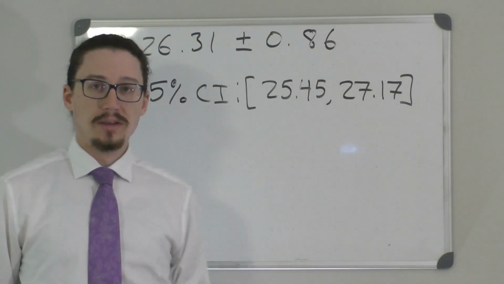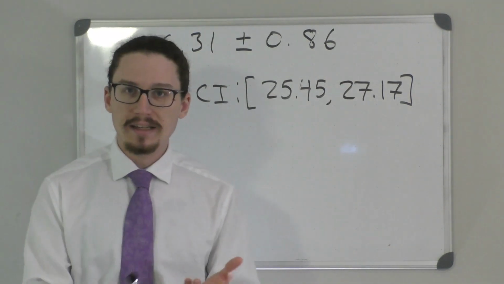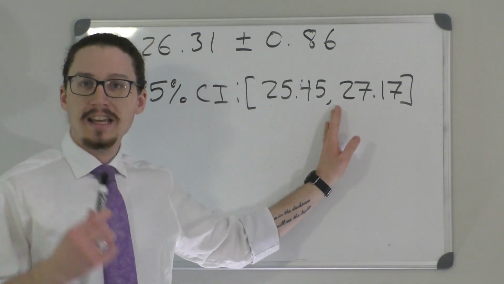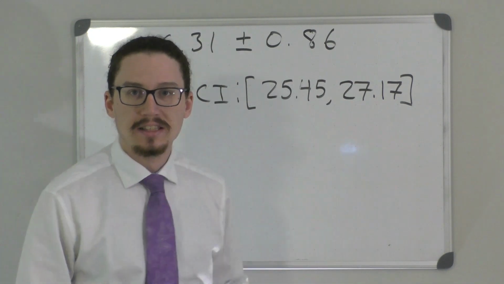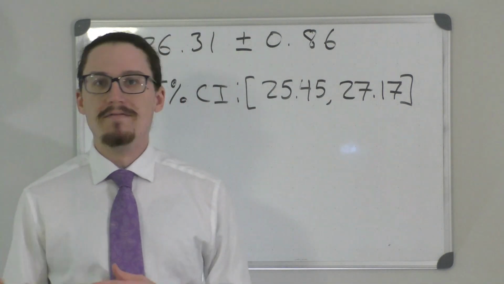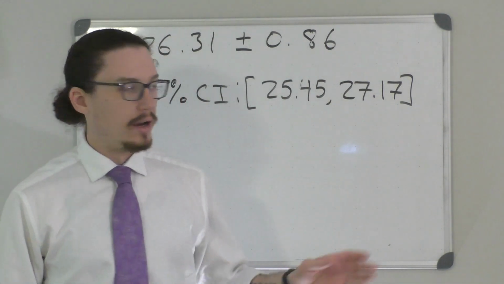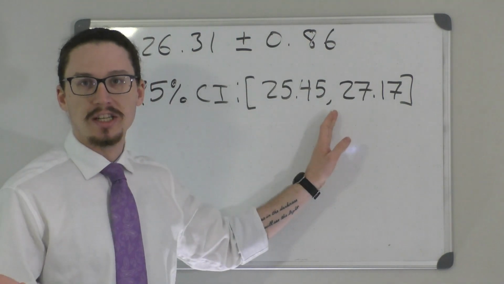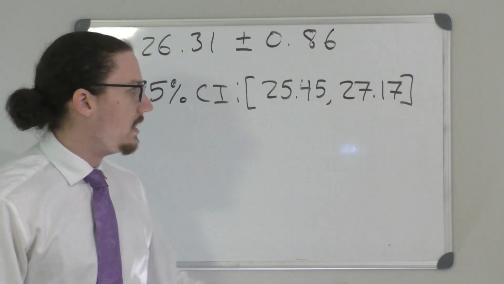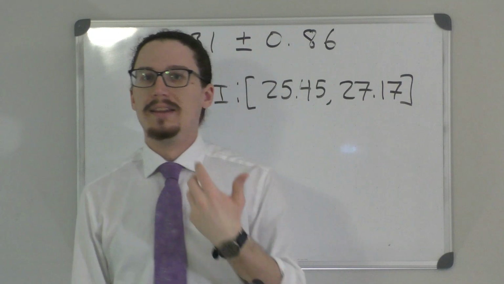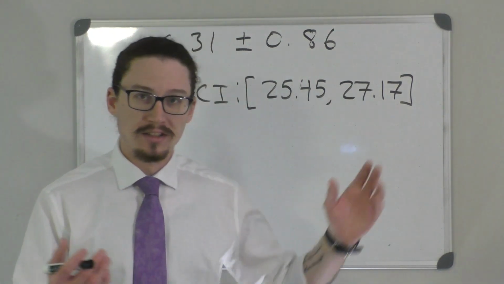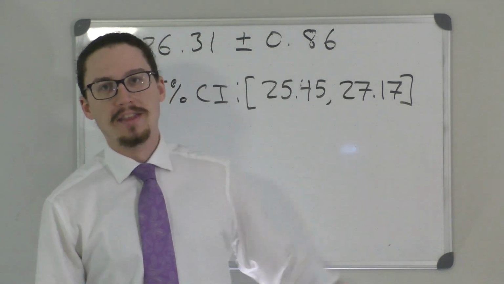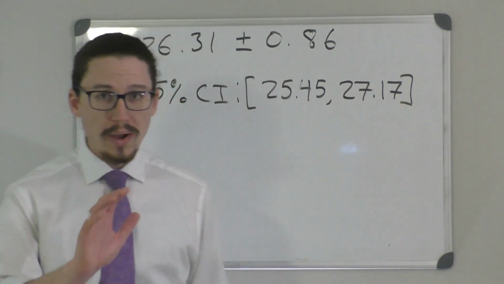So let's say that the population mean was 26. In that case, it is in the interval. The probability that 26 is in this interval is not 0.95, it's 1, because it just is in the interval. If it was 28, then the probability that it's in the interval is 0, because it's not in that interval.